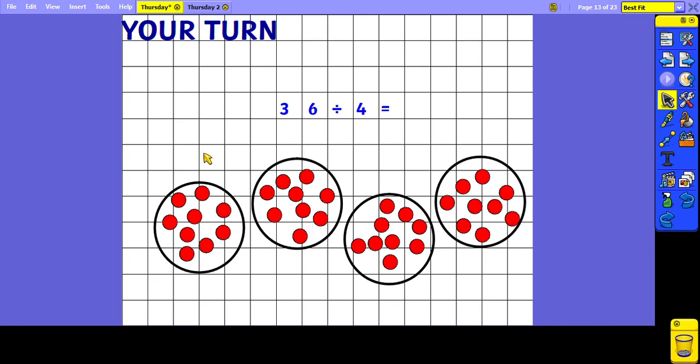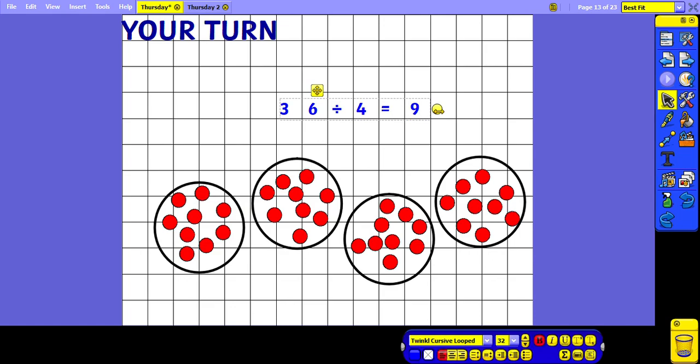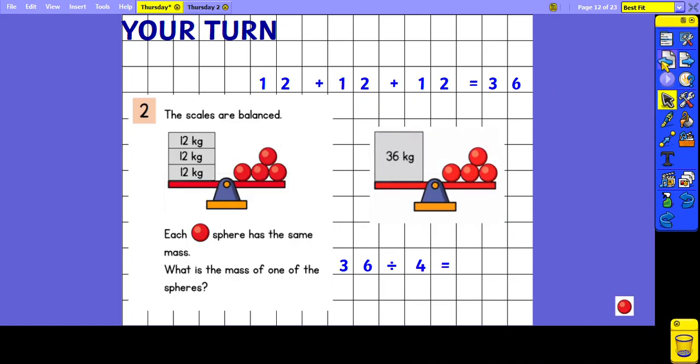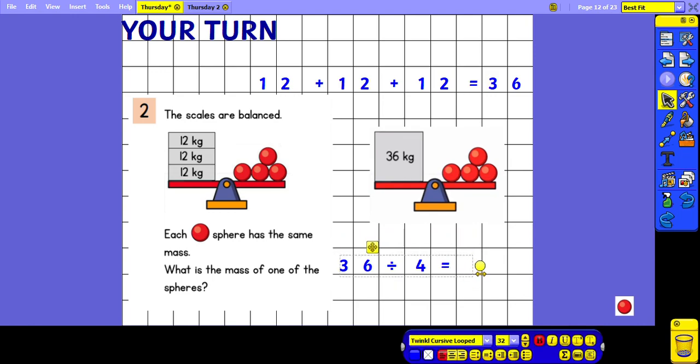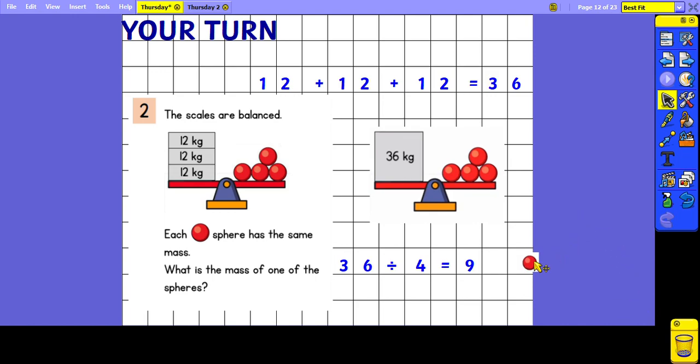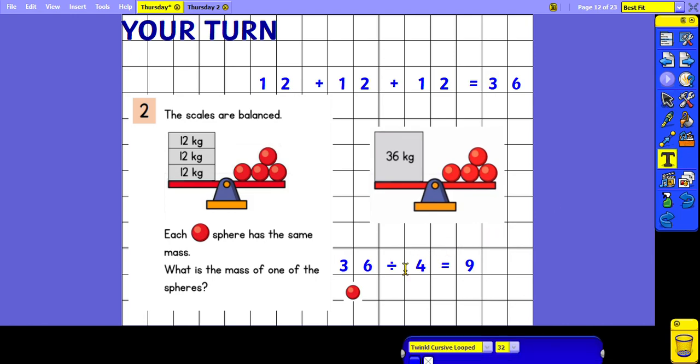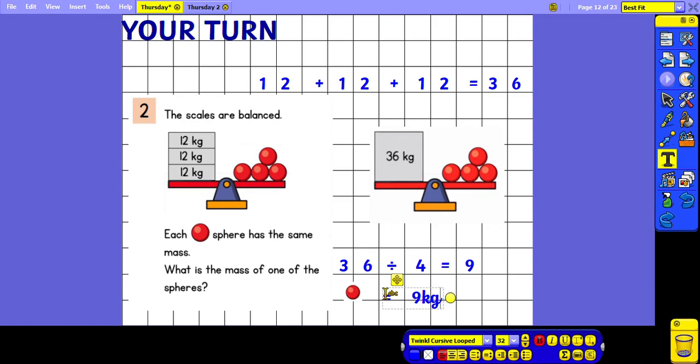So to work out the answer, I'm going to count how many counters there are in one group. 1, 2, 3, 4, 5, 6, 7, 8, 9. 36 divided by 4 equals 9. So I now know that the mass of one of the spheres equals 9 kilograms.